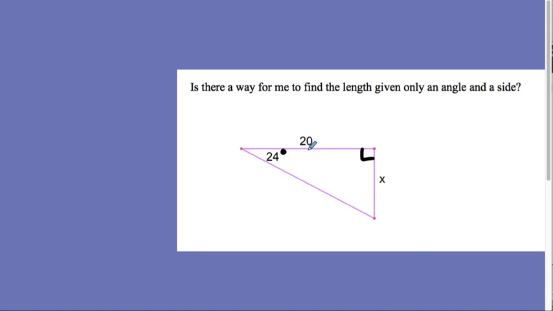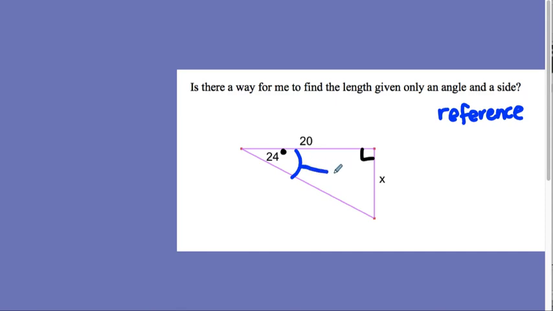The first thing I do is call the angle that I have the reference angle, because we're going to refer that angle to the sides we have. I look at the reference angle and ask, what do I have and what do I want? Well, I have the adjacent and I want the opposite.